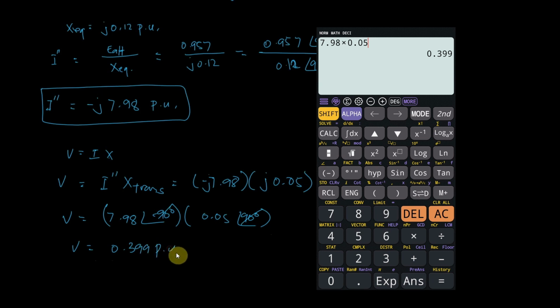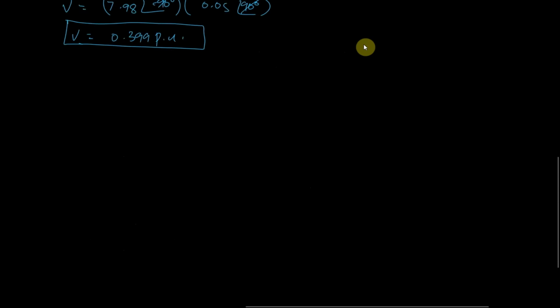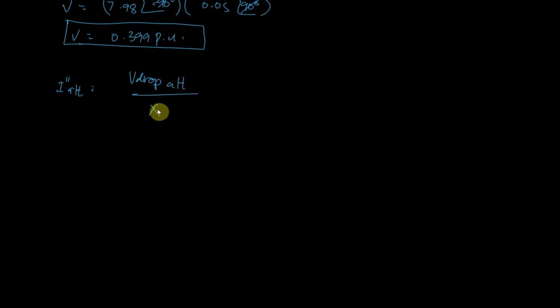per unit. Okay, so ngayon ang susunod naman natin i-calculate is yung sub-transient current sa individual alternators. So, ang ating formula dyan is sub-transient current sa individual alternator is equal to yung voltage drop sa alternator divided by yung ating reactance sa alternator.